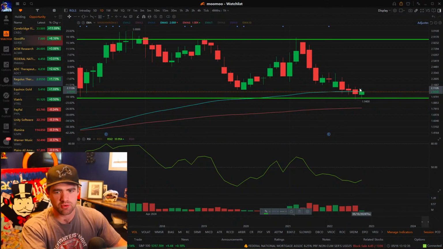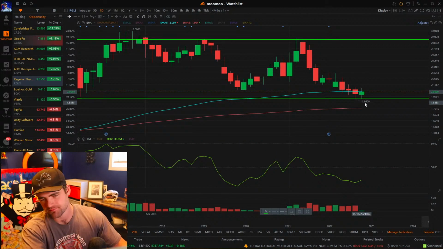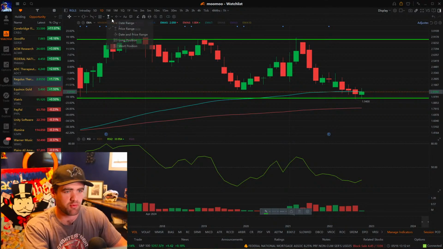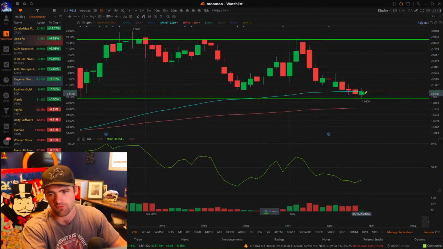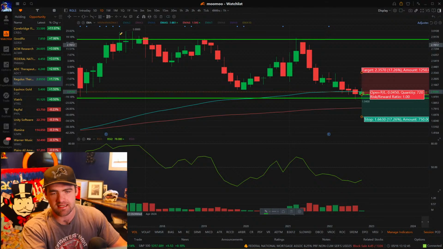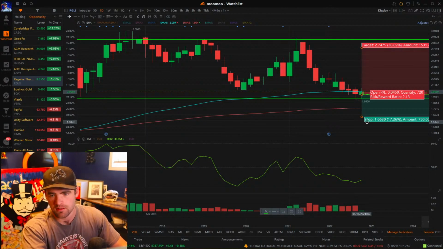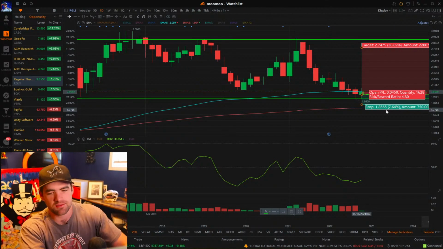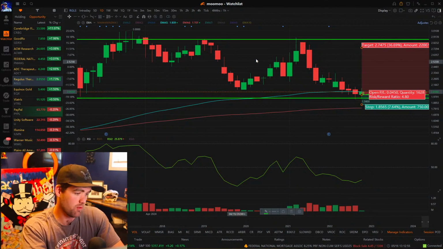So hopping in at $2 and setting your stops in the 1.90 range wouldn't be too bad of a risk and reward. Let's go ahead and draw it out here. If we hopped in at 2 and set our stop loss just a hair below it, that's almost a 5-to-1 risk and reward, which is pretty good.